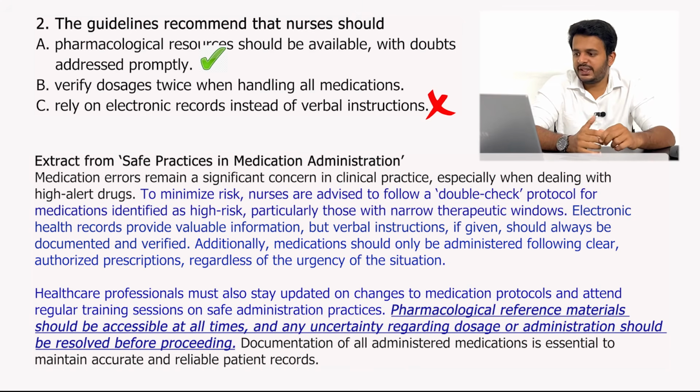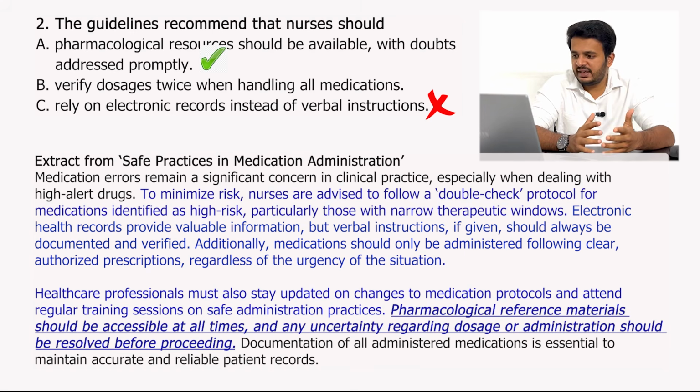Now coming to option C. Option C states that nurses should rely on electronic records instead of verbal instructions. Regarding electronic records, you can see in the third sentence of the first paragraph, but the meaning doesn't match. That sentence says that electronic records provide valuable information, but if verbal instructions are given, they need to be documented.